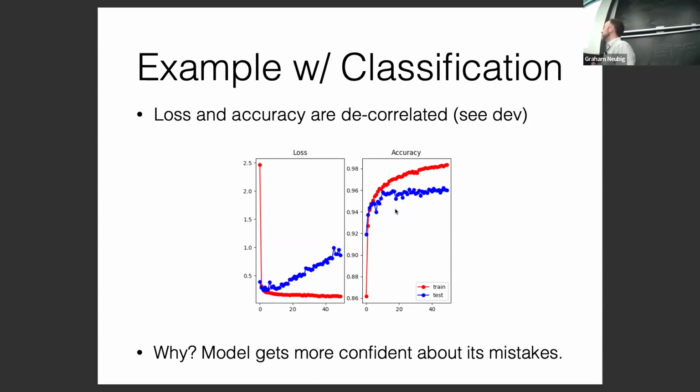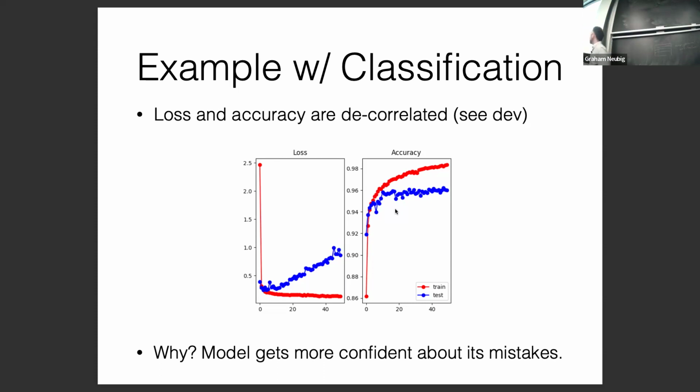And so if there's any example that it's really bad at, it might get very confident in that bad answer, and the log likelihood of that answer will go up. Or sorry, the log likelihood will go down. So the negative log likelihood, which is the loss, will go up.